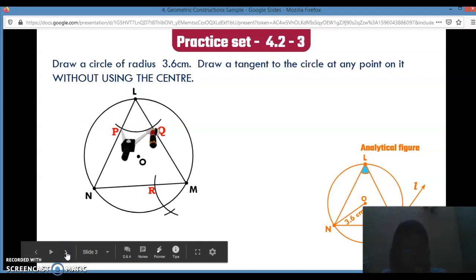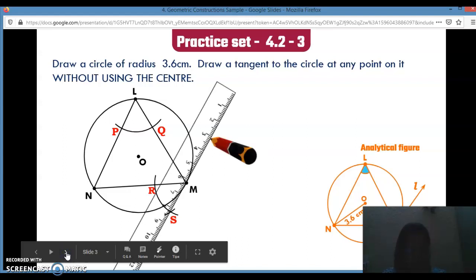I hope you all are getting this step. And then you will name it as point S, and then you will join it by line segment. So here is my tangent which is drawn at point M. And here I have not used center to draw this tangent.